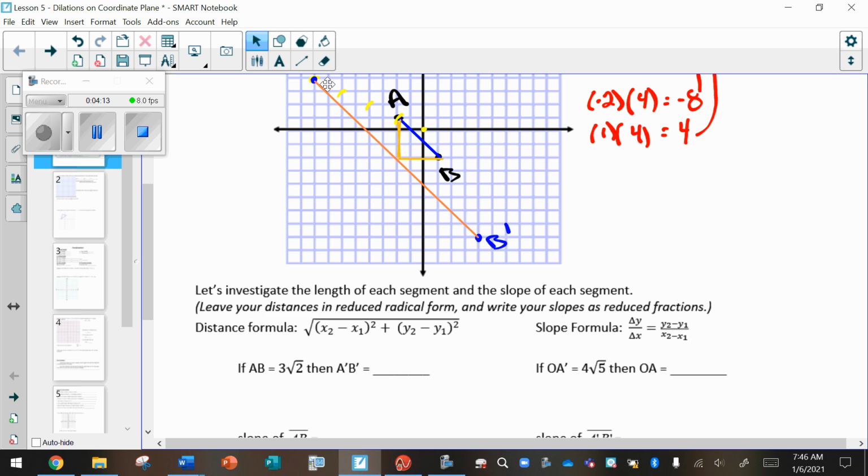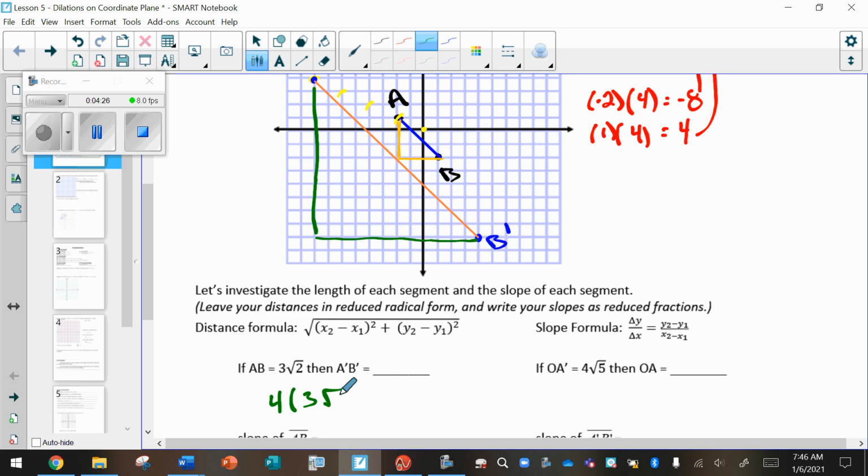The long way around would be to drop an altitude and do the Pythagorean theorem again. But if we know the scale factor is 4, we take the pre-image length of 3 radical 2 and multiply it times 4, so we end up with a new length of 12 radical 2.